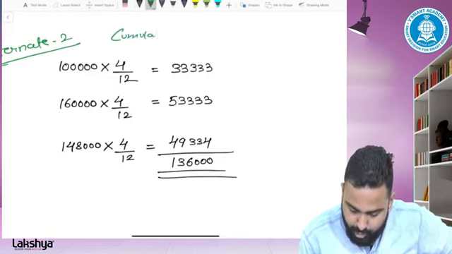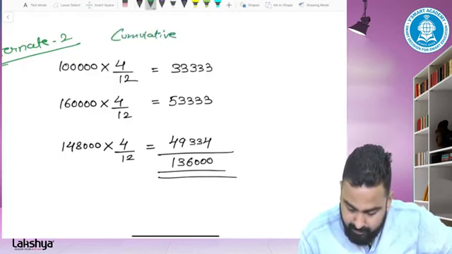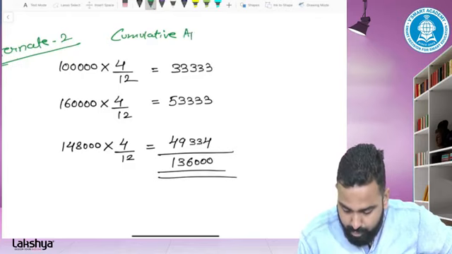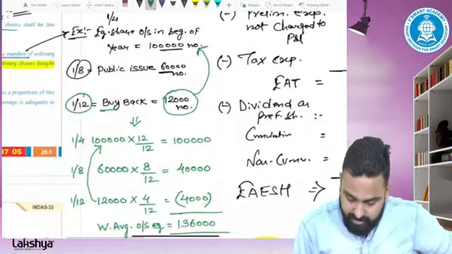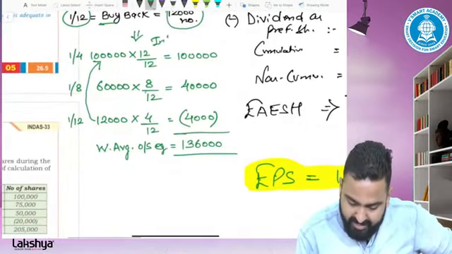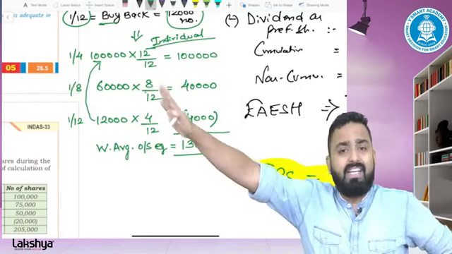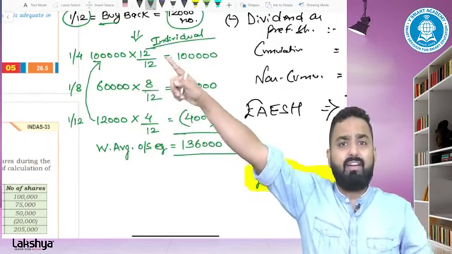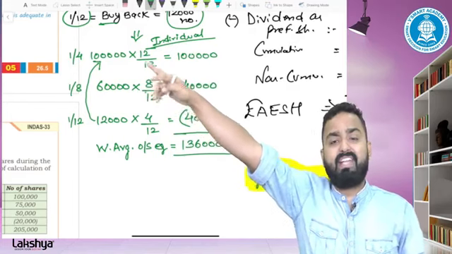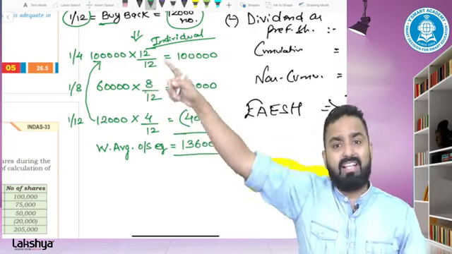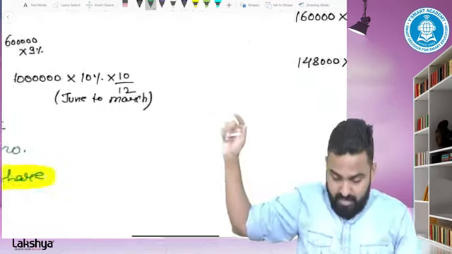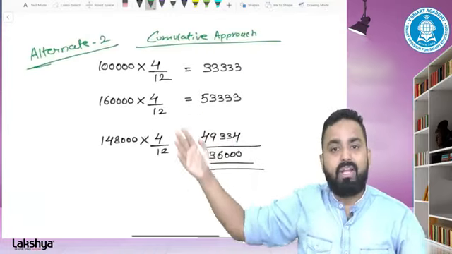It is the cumulative approach, and what was the earlier one? It was the individual approach. Under the individual approach, we individually make the weighted average for each and every transaction. Here we are making the weighted average cumulatively.